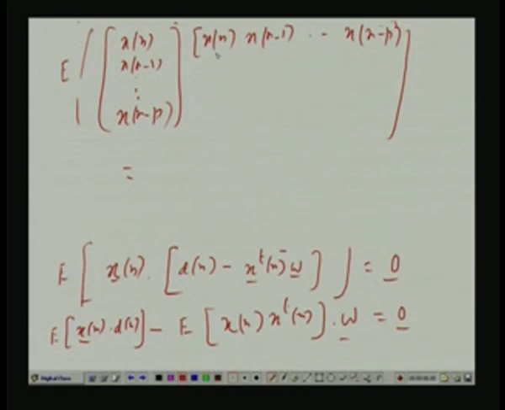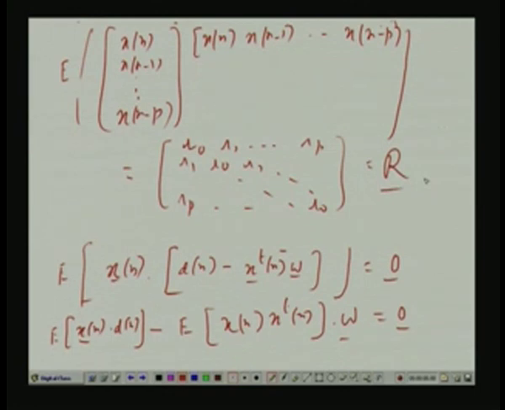Again x n minus 1 into x n, expected value, lag is 1, so r 1. So what you get is something like this, r 0, r 1 dot dot dot r p. This matrix is symmetric. Something like this, and this is called R, the input correlation matrix. So, this is the P vector, this is the R matrix.